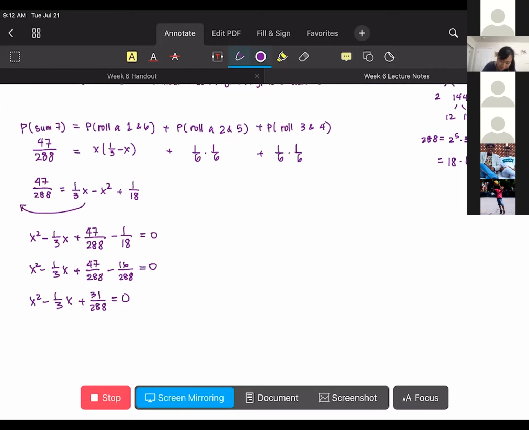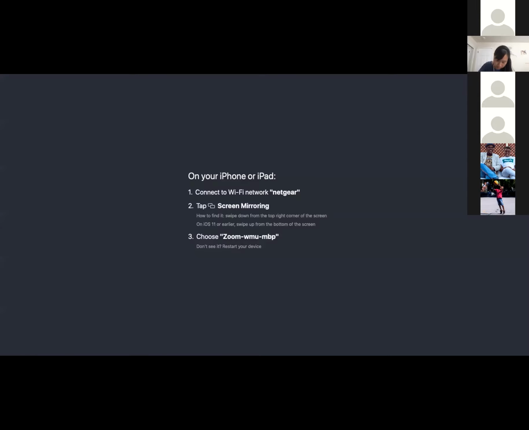Thanks. No, that's 31. Oh no, okay, yeah, it's 31. All right, give me a sec. I'm just going to check my notes because I don't want us to solve the wrong equation here.